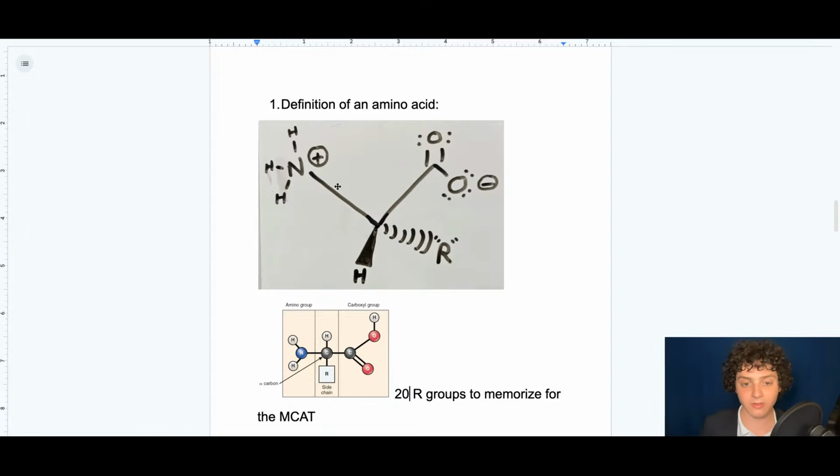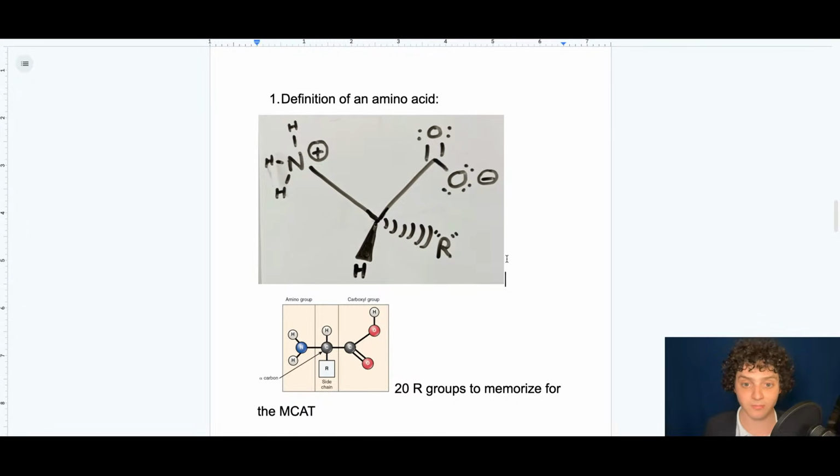So the molecule I drew here has 2 groups that are on the surface that you're looking at when you look at the molecule, and that is the amino group on the left and the carboxyl group on the right. Then it has the hydrogen, which is coming out towards you, and then it has the R group, which is going past and it's going away from you.